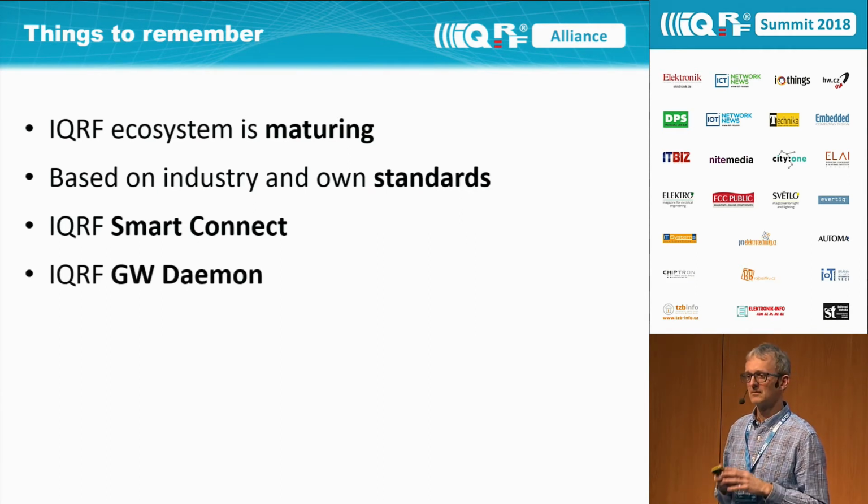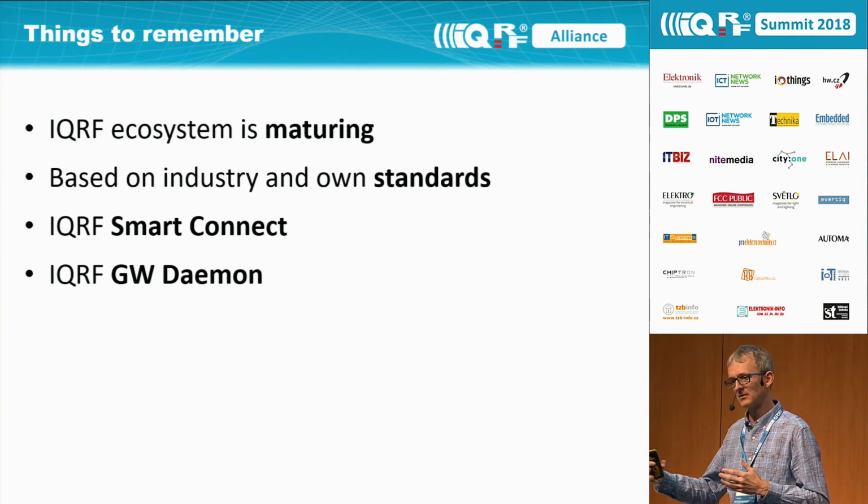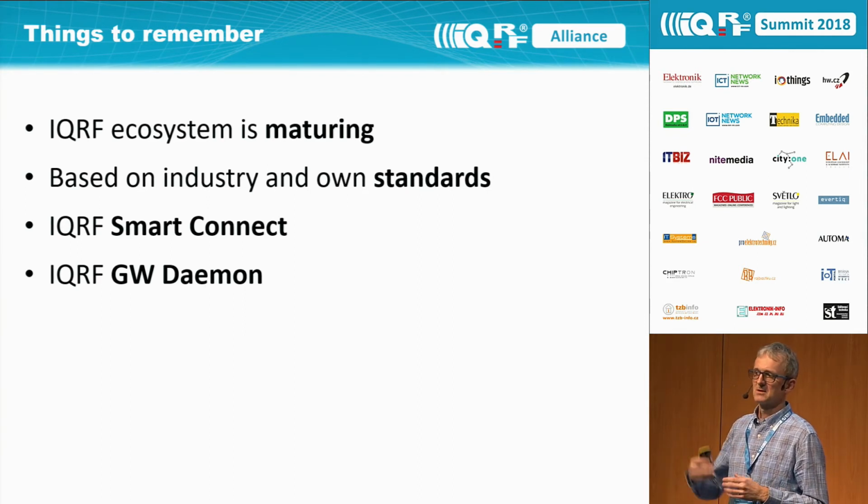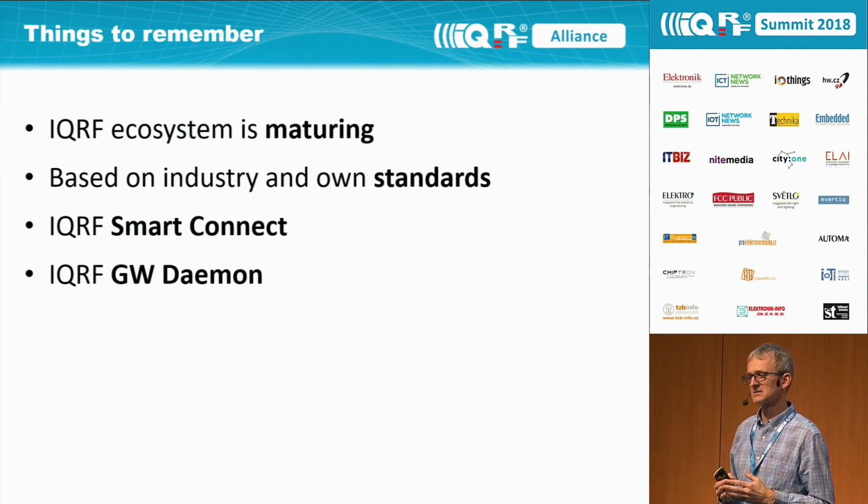We have the IQRF Gateway Daemon, software running on Linux and Windows machines that takes care of the network, controls the coordinator or coordinators, plus giving high-level services in its version 2. When talking about the high-level services, I'm talking about services that run complicated things like unbond the network, run the auto networking and things like that.